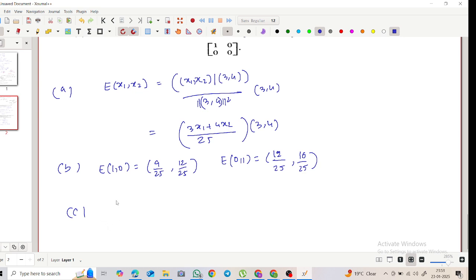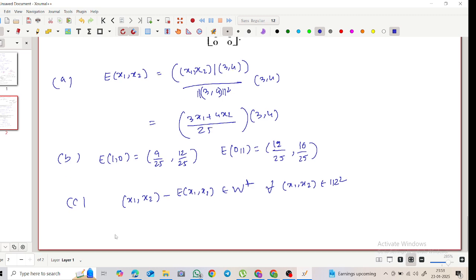W perp has dimension 1 because W has dimension 1. And we saw that E(x1, x2) belongs to W for all x1 and x2. Now it is enough to find one non-zero vector in W perp, because the dimension of W perp is 1.